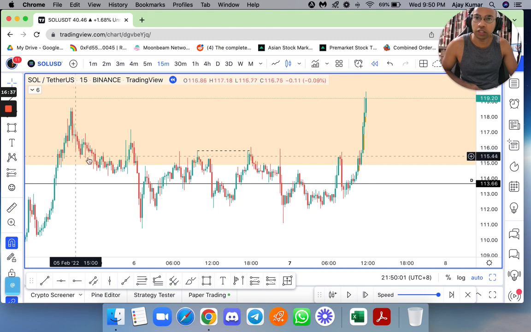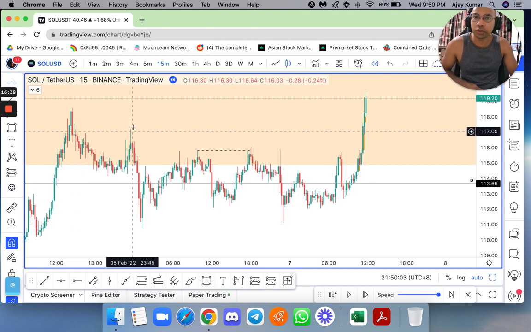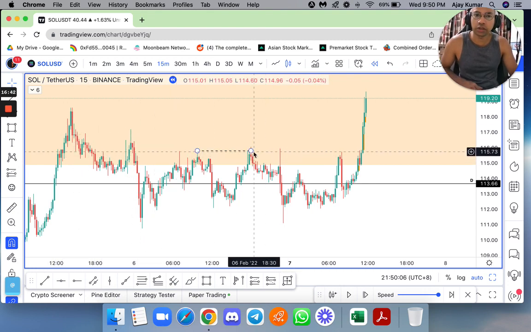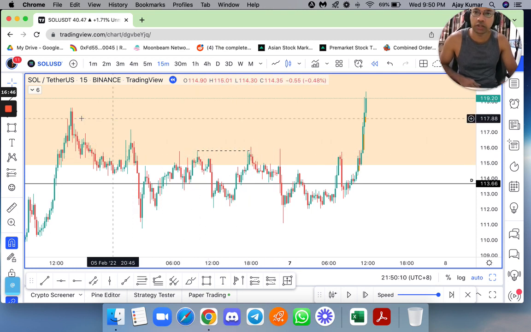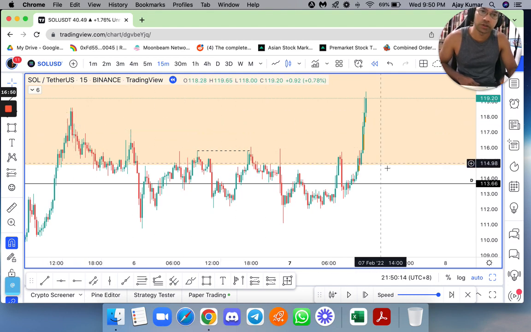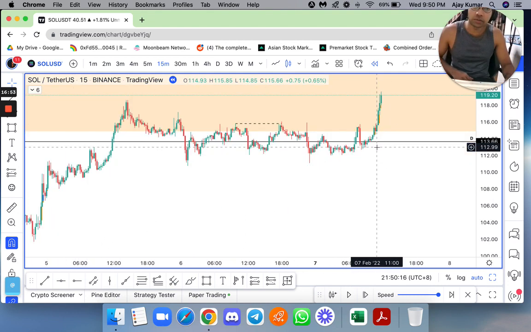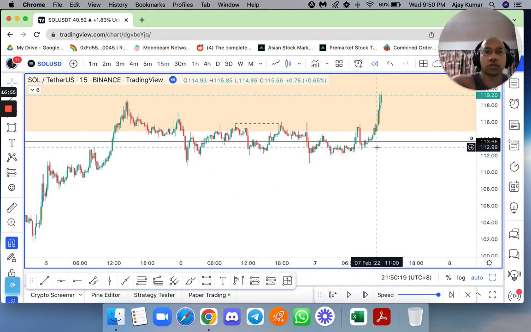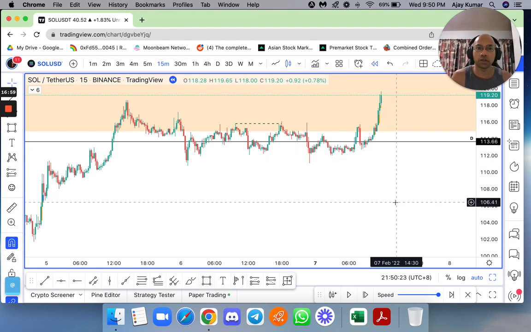I would like to see a wick protruding out to take out the liquidity, not huge candle bodies and small wicks. So yeah, price is going back above to fill the fair value gap.